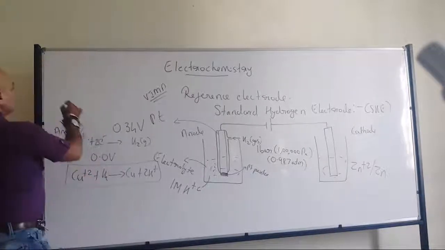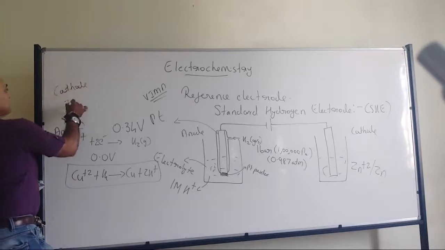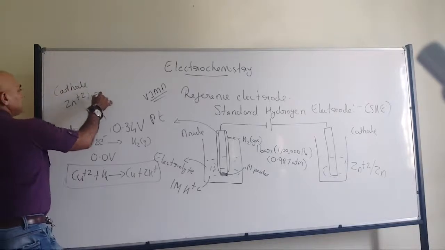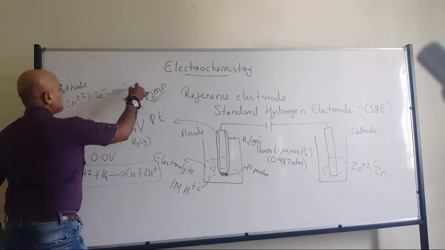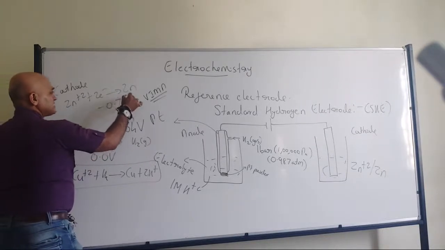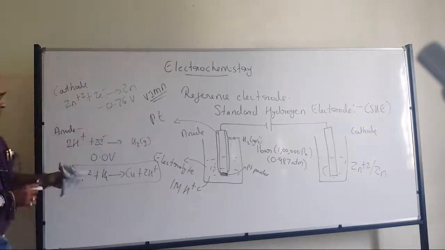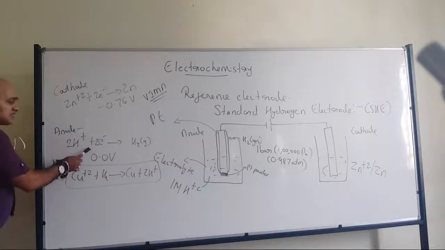If we imagine this one as a cathode, where Zn2+ accepts the electrons and becomes zinc, we have the value of minus 0.76 volt.